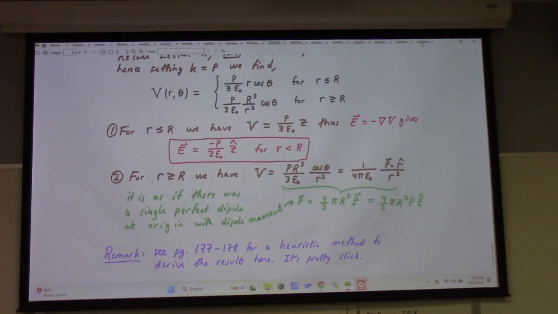The perfect dipole is obtained as a limit: q d equals p as q goes to infinity and d goes to 0.